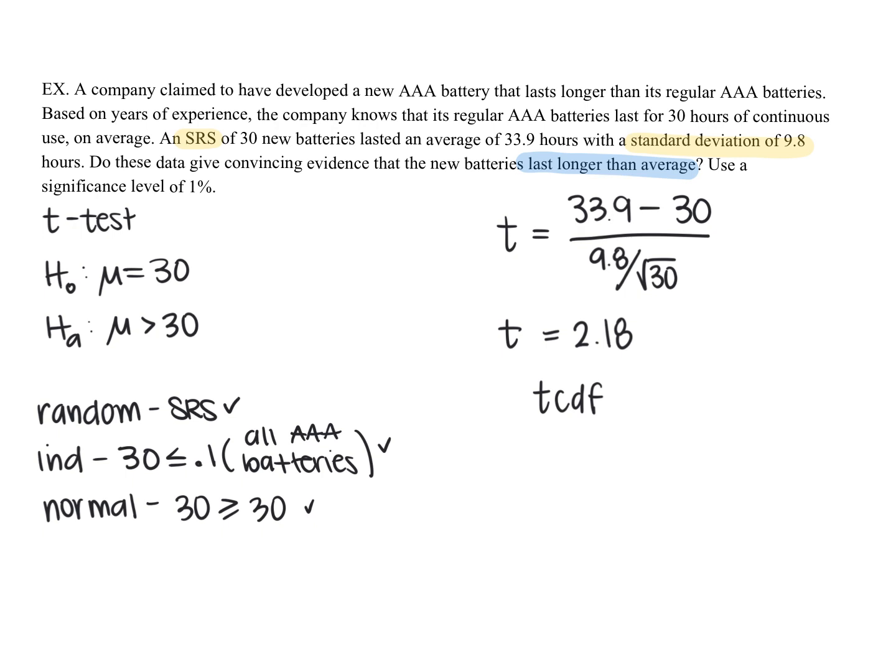We need a lower and upper bound, and we just need degrees of freedom. Because my alternative is greater than, my lower bound is 2.18, and my upper bound is 1E99.